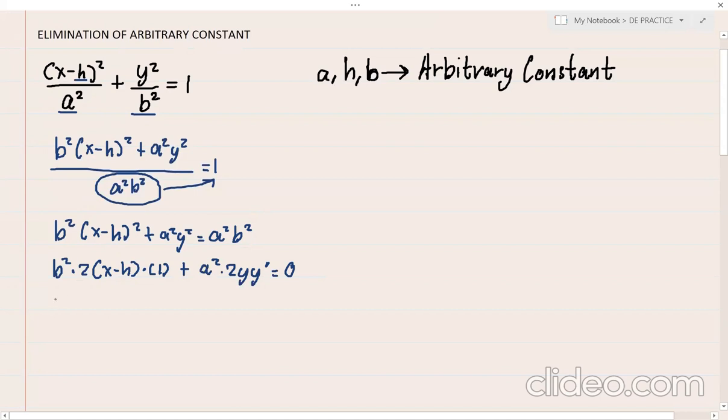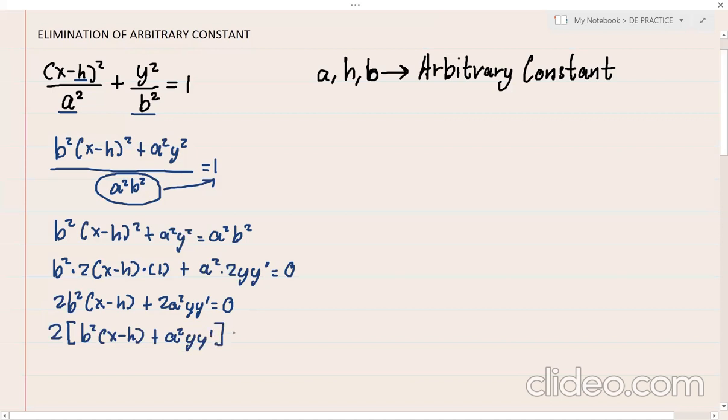Now let's simplify. So we will have 2b squared times quantity x minus h plus 2a squared times y prime is equal to 0. Okay na. But we still need to simplify it kasi both of these terms are divisible by 2. So we can factor out the 2 here. So we have 2 times quantity b squared times quantity x minus h plus a squared times y prime.